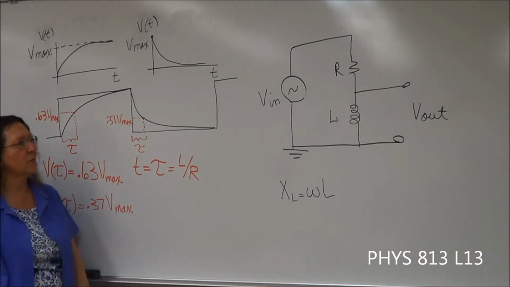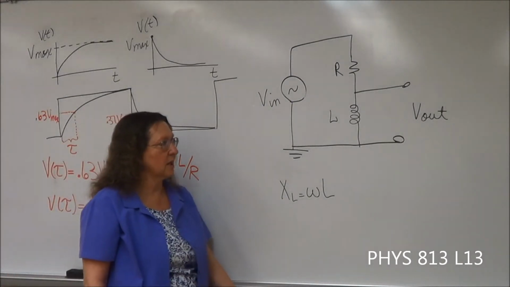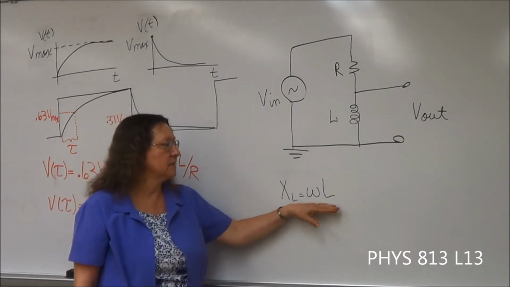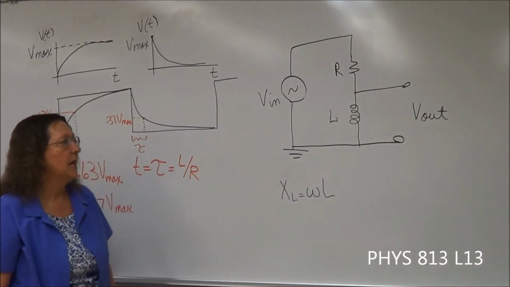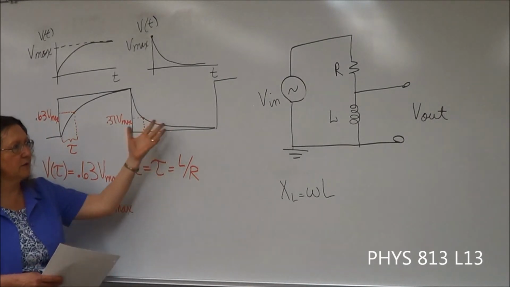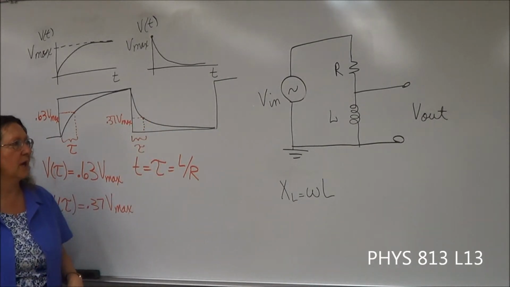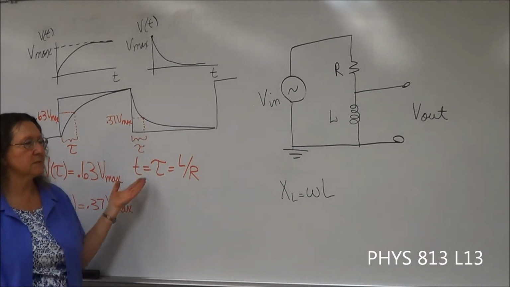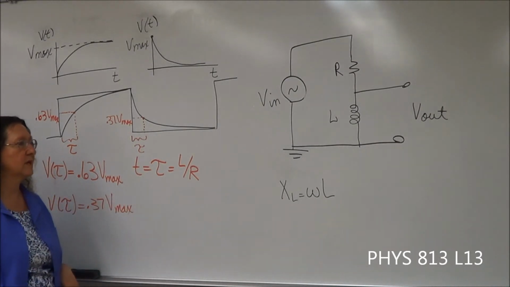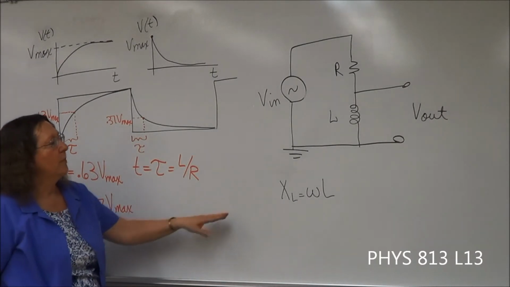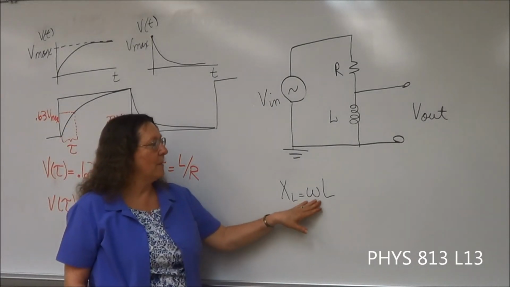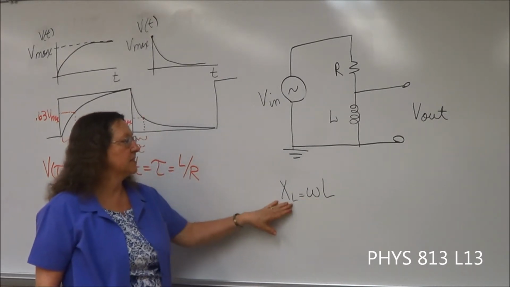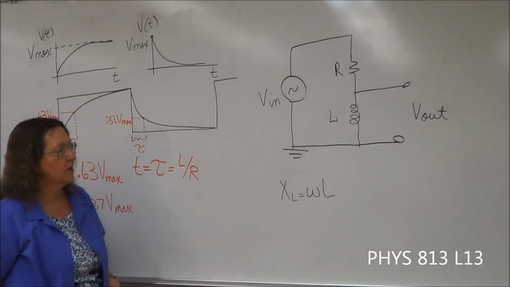Now the other thing that I wrote here that I didn't write when I was talking about the capacitor one is the reactance is omega times L. And so I thought, since I'm here at the board in this one, I might explain a little bit more, and it will make more sense. You might want to go back and think about the capacitor problem. But the reactance is omega times L. So at higher frequencies, this has a larger reactance.